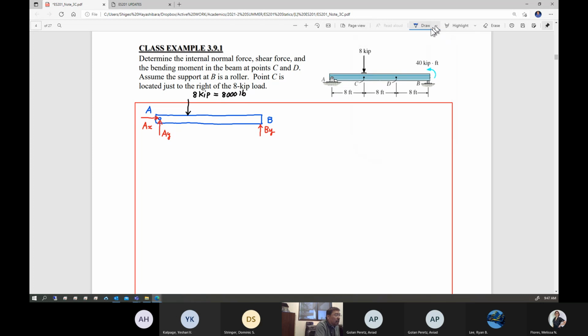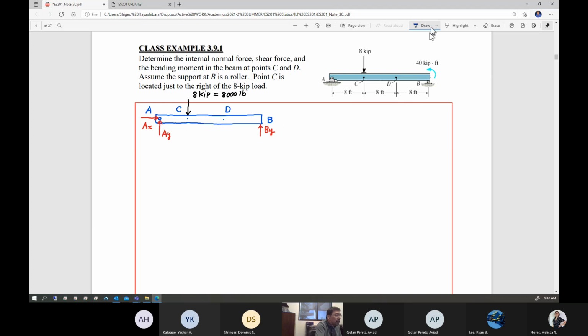And this is C. This is D. And then the dimensions are 8 feet, 8 feet, 8 feet. I'm not going to put the dimensions in, I don't want to crowd up my figure.